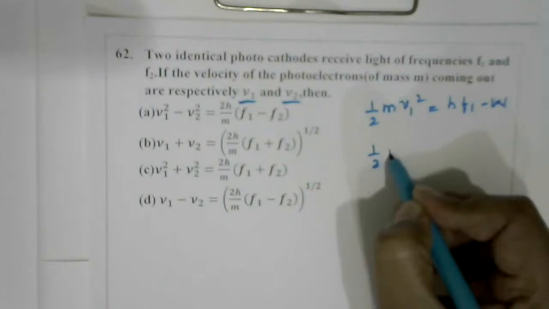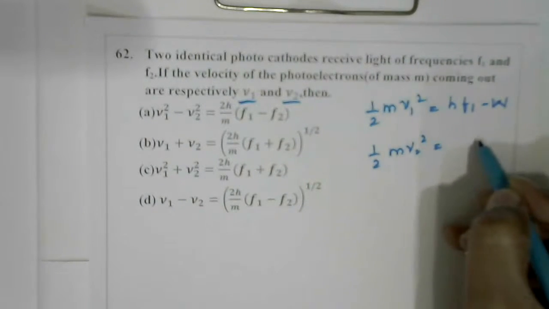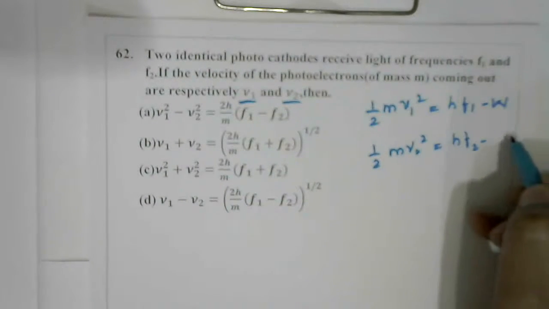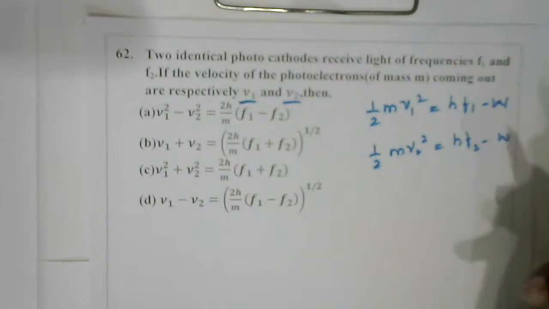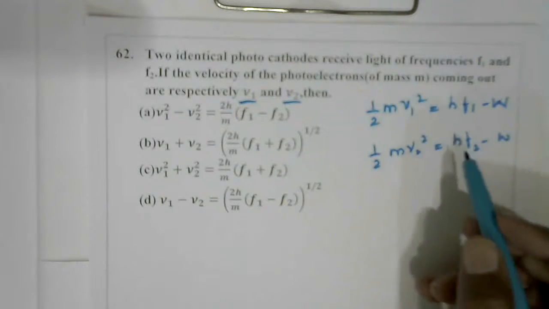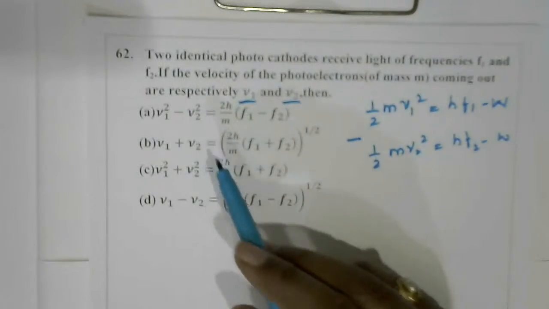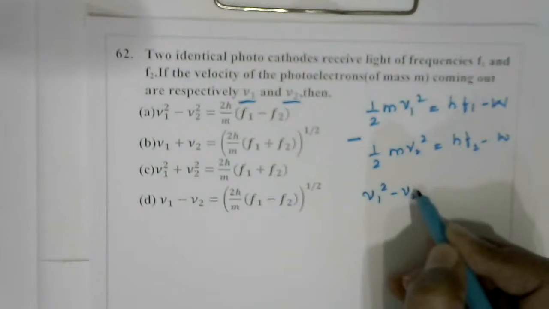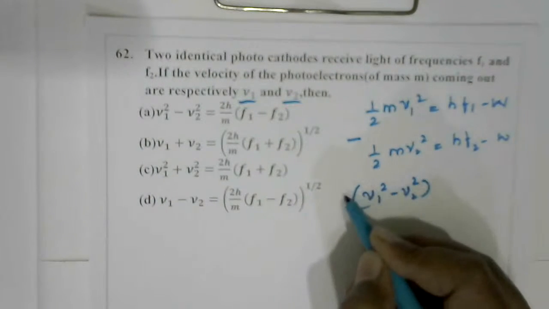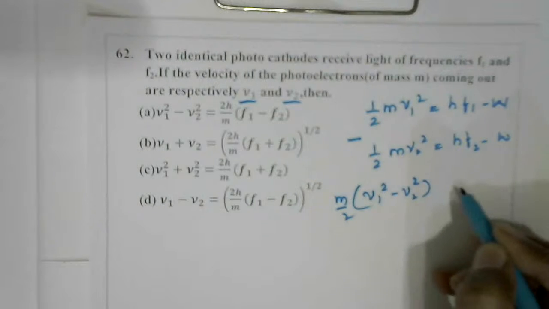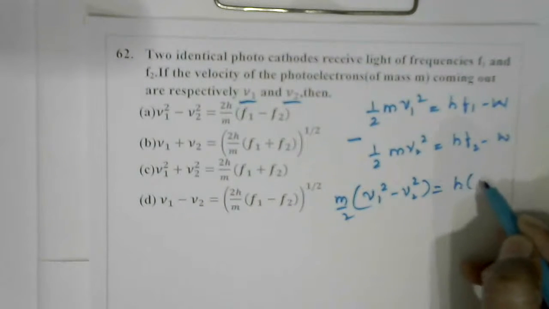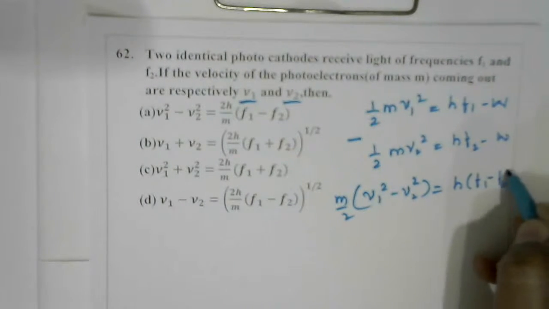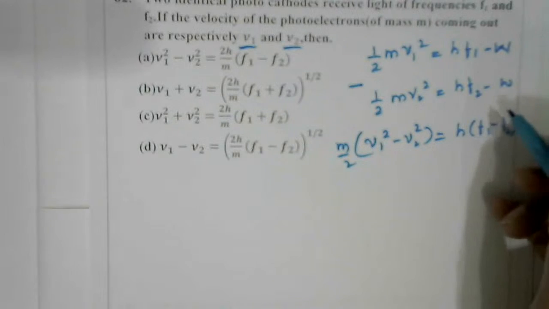Similarly, half m v2 square I can write as h f2 minus work function. Suppose I subtract these two, because that's what they have done, nothing else. So v1 square minus v2 square, into half m I can take common. This becomes h common, f1 minus f2. Yes, A is the answer. Very good.